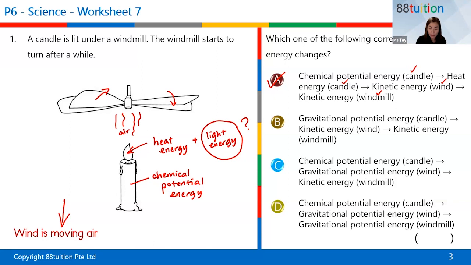So how come, let's say I have 1,000 units of this, and eventually over here there are only 800 units at the end? So what happened? This is the time you can start saying that some of the chemical potential energy of the candle is also converted to light energy.